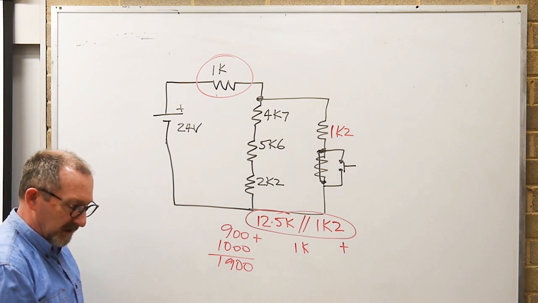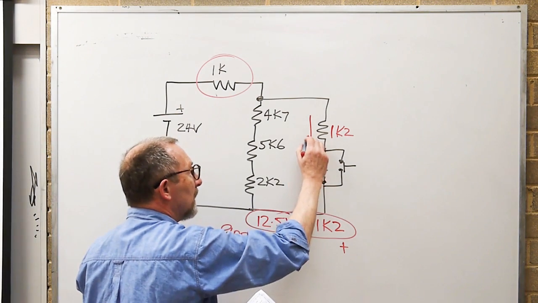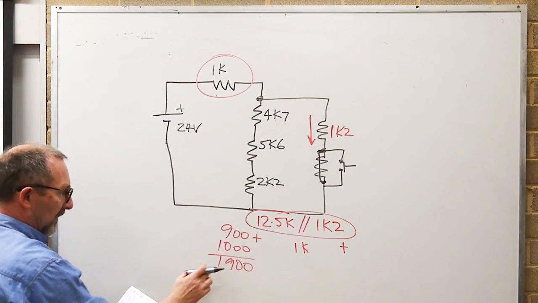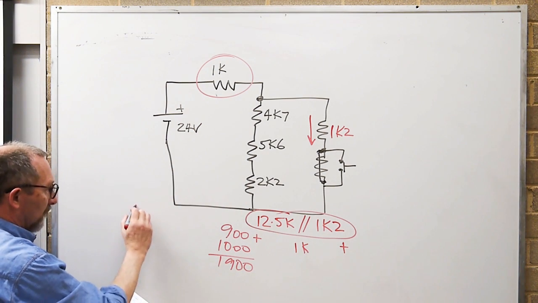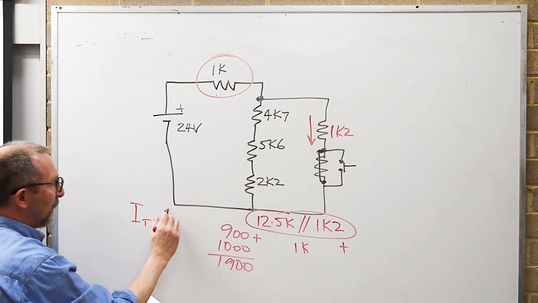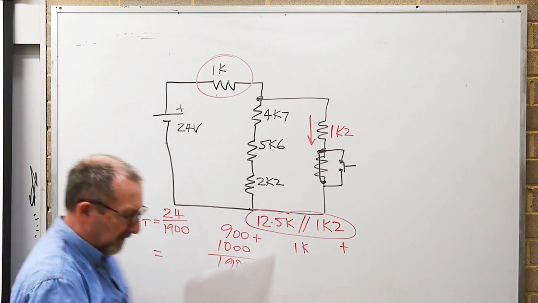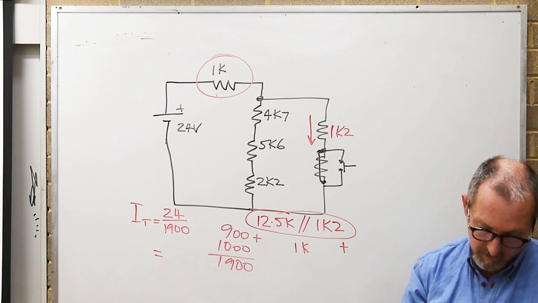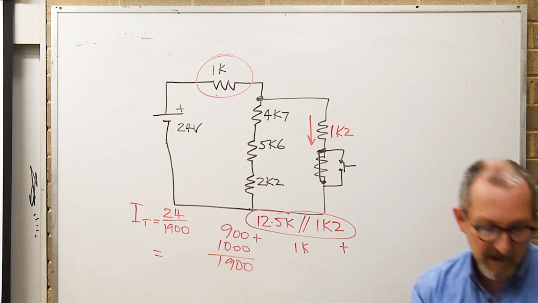And then the question is asking us, what's the current going to be in the 1.2K resistor? So we need to find out the total circuit current. REQ for the whole circuit now is 1900 ohms. IT is going to be 24 divided by 1900, and it's going to be equal to, again, I've used an approximation there, I might be out by a bit. About 12.6 milliamps.